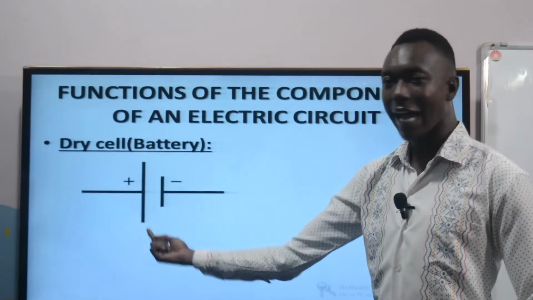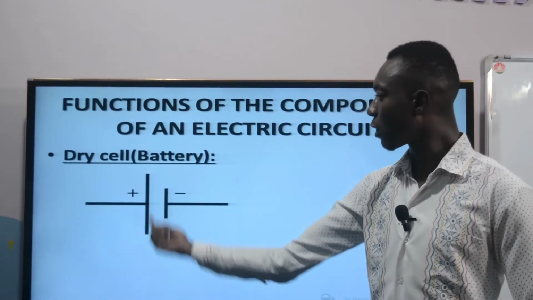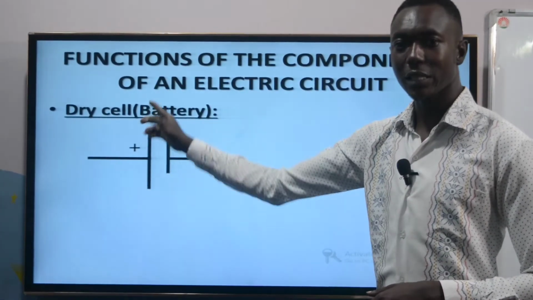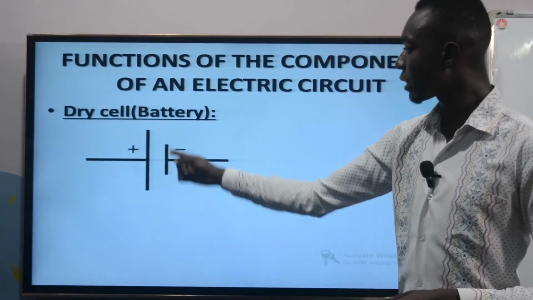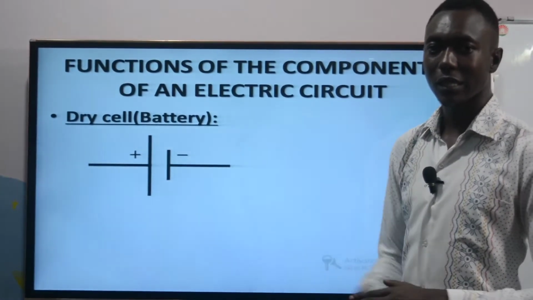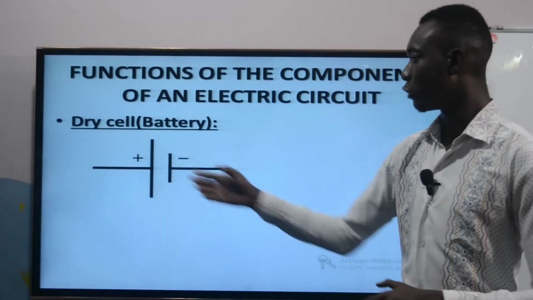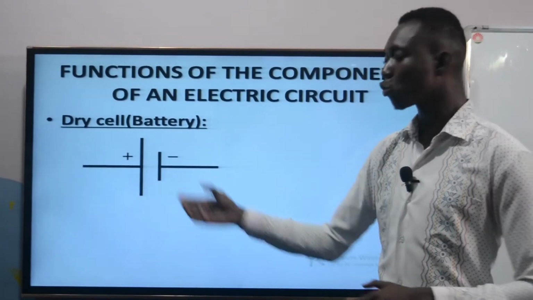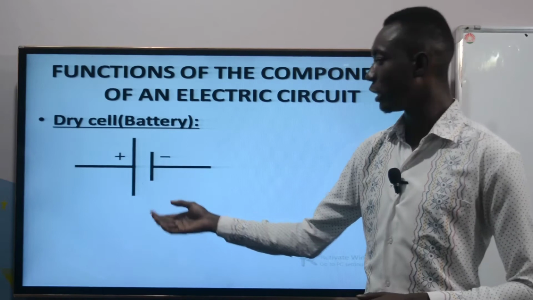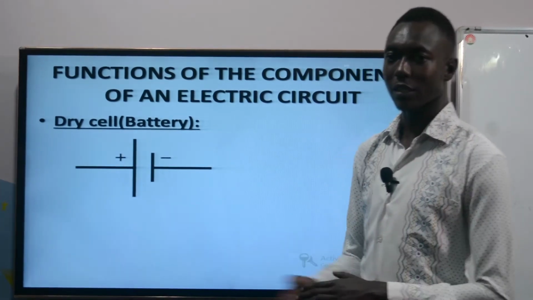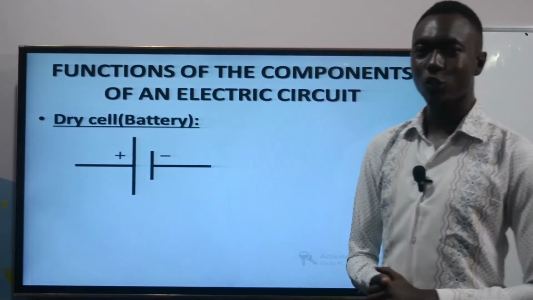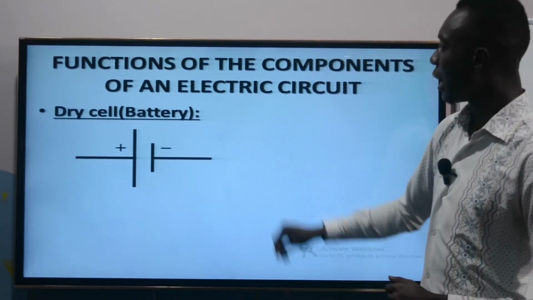The longer side of the symbol represents the positive, while the shorter end represents the negative side of the dry cell or battery. So if you're asked to draw the symbol for dry cell or battery, please take note of this symbol.